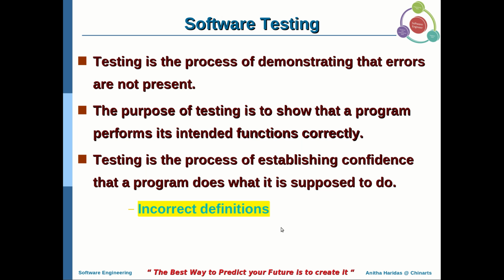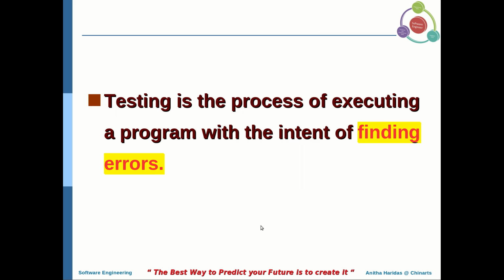Then the question is, what exactly is software testing? What do we intend to do in software testing? What is expected? Software testing is the process of executing a program with the intent of finding errors. It is not that you do the testing for not having errors.